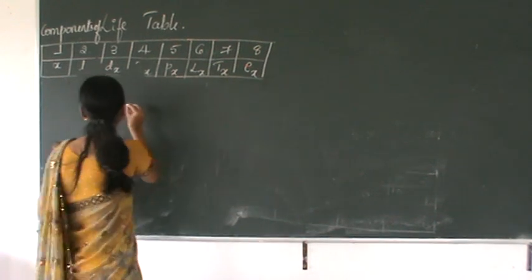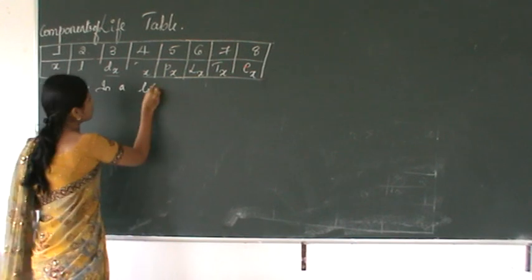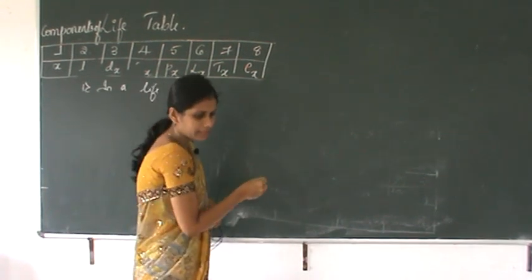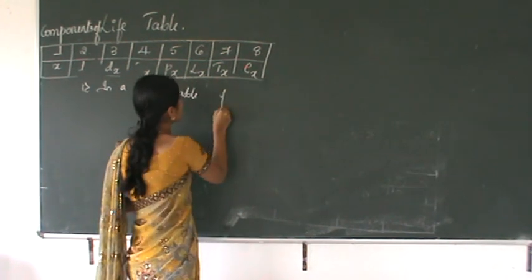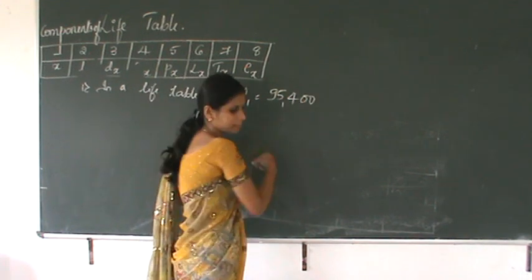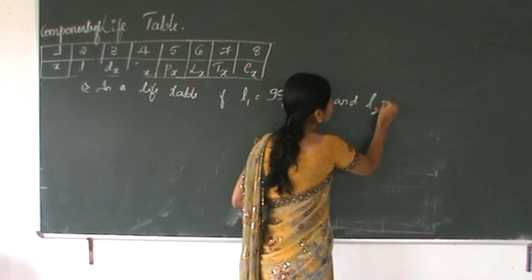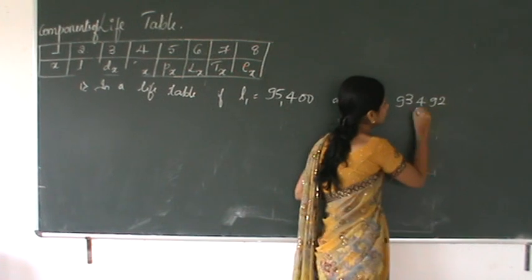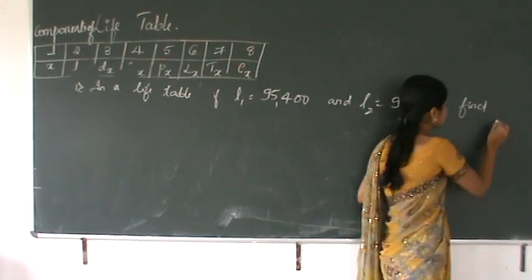The question is, in a life table, if L1 is equal to 95,400 and L2 is equal to 93,492, then find dx.